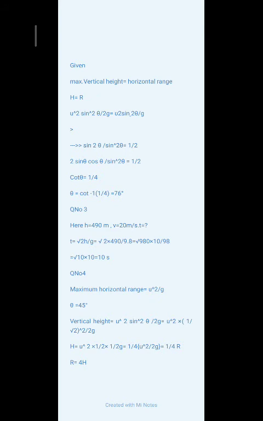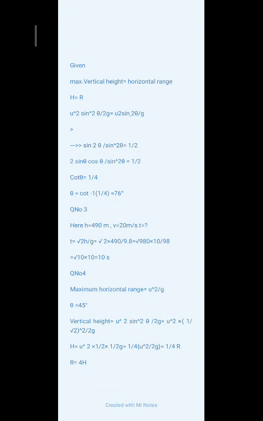Now sin 2 theta is 2 sin theta cos theta divided by sin square theta equal to 1 by 2. Taking 2 across, it will be 1 by 4, and one sin theta cancels, we get cos theta by sin theta, that is cot theta. So cot theta is 1 by 4, so theta is 76 degrees. You take the inverse from your calculator or from the tables of inverse ratios.